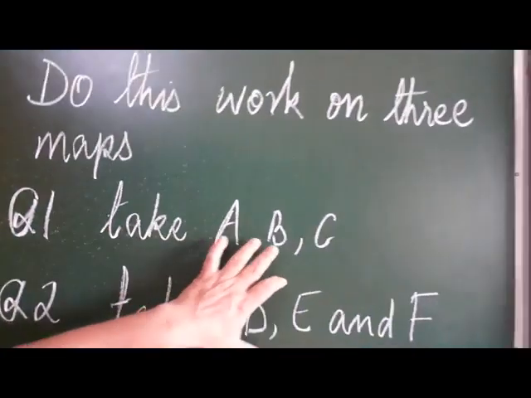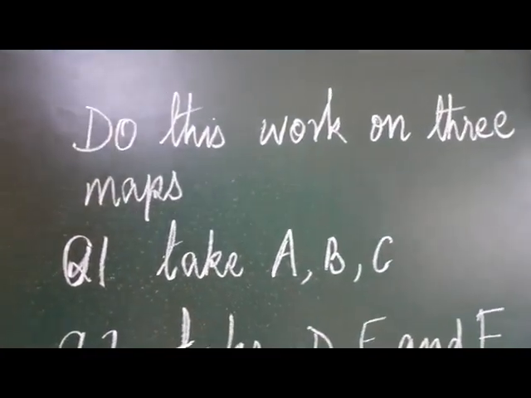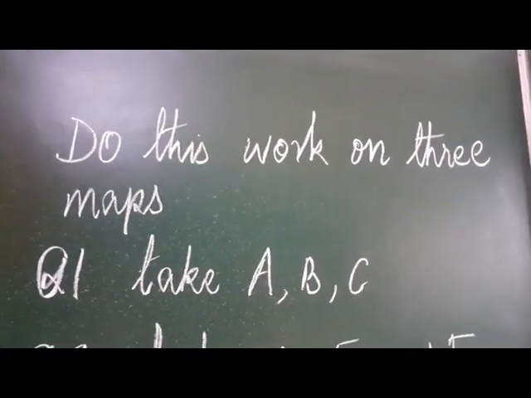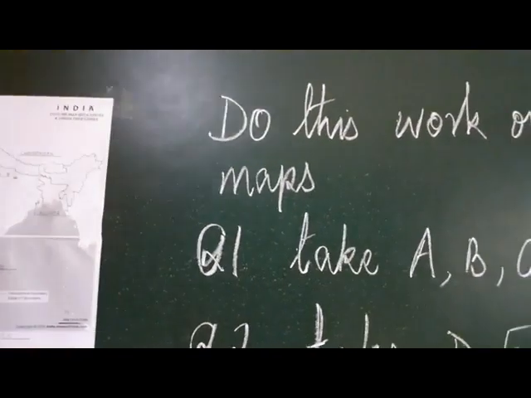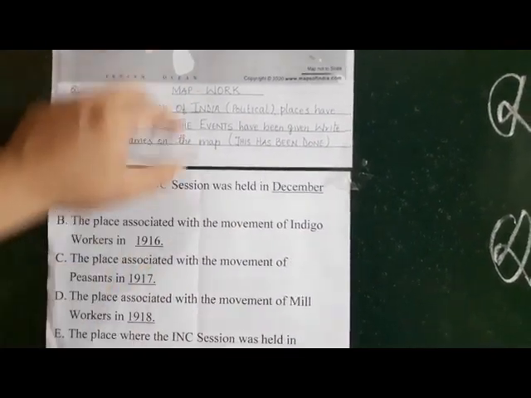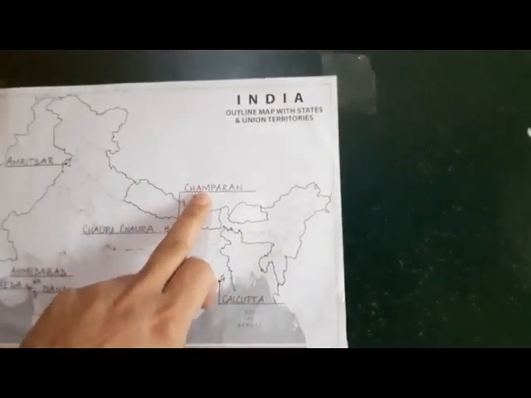Like for example, question number 1 says A, B and C. Now you have to mark A, B and C on the first map, and then according to the question, a place where INC session was held in December 1920, that is Nagpur. The place associated with the movement of indigo workers in 1916, Champaran, Bihar.